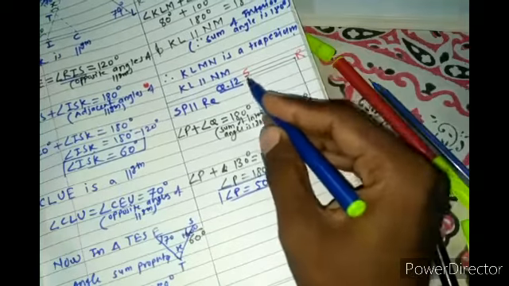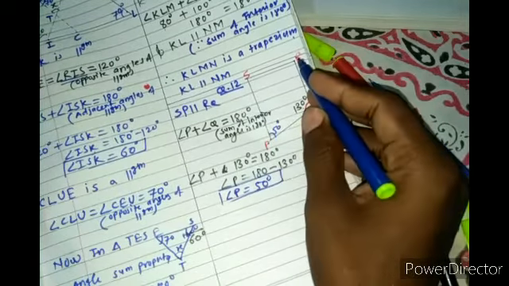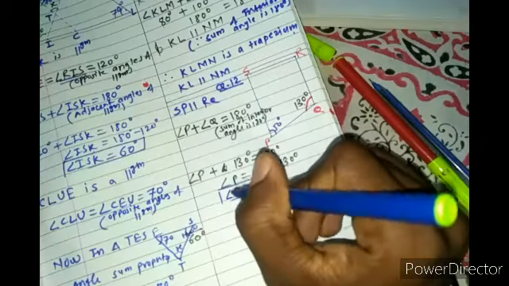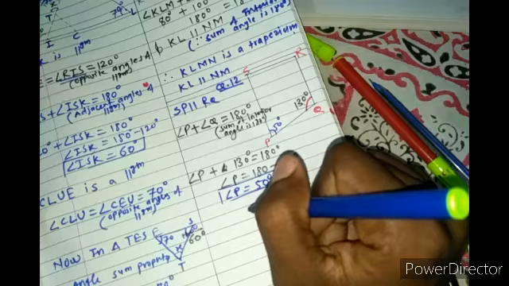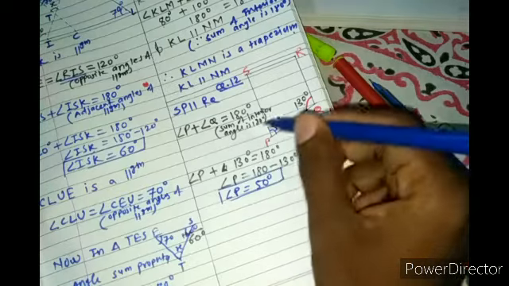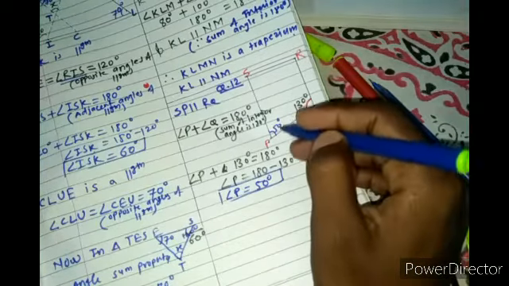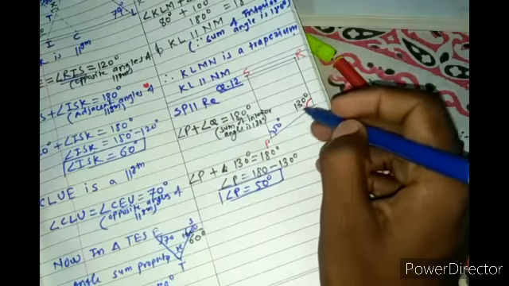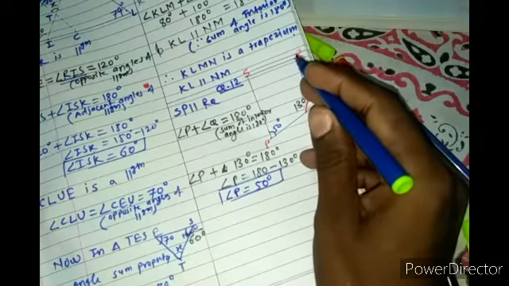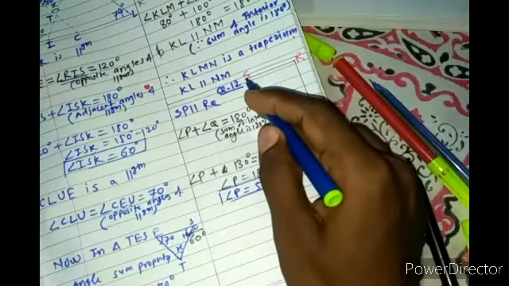But how can we find it? The opposite angle of P is R, right? But this is not a parallelogram, so we cannot apply the opposite angle property. So what we will do is find angle R also, to find angle S.